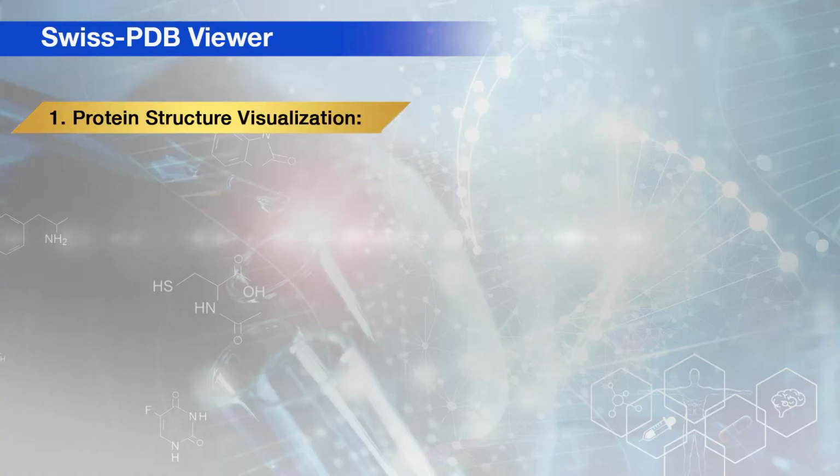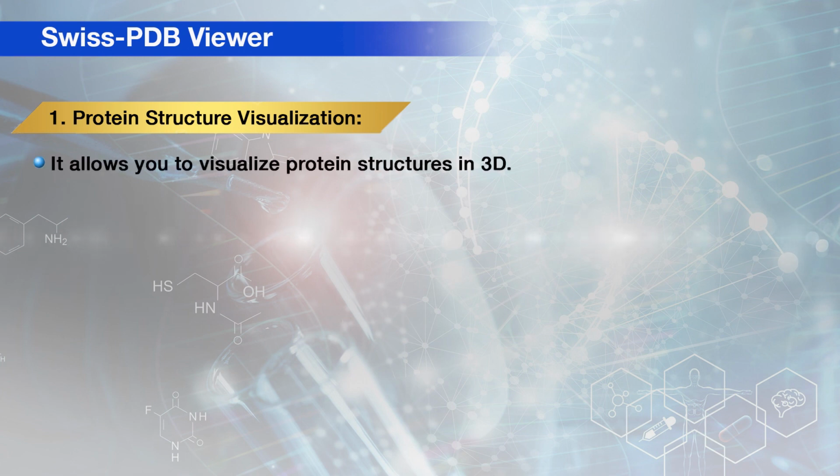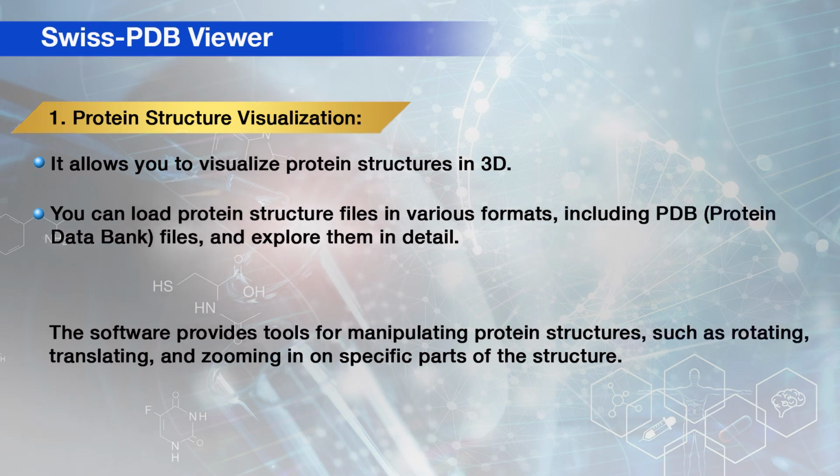Key features of Swiss PDB Viewer include: first, protein structure visualization. It allows you to visualize protein structures in 3D. You can load protein structure files in various formats including PDB, protein data bank files, and explore them in detail. Second, structure manipulation.